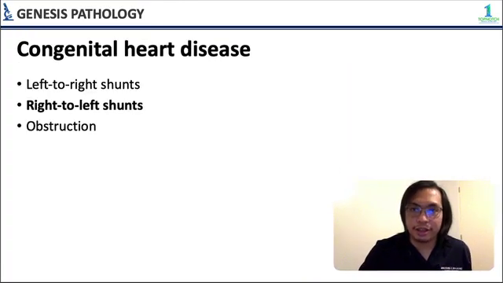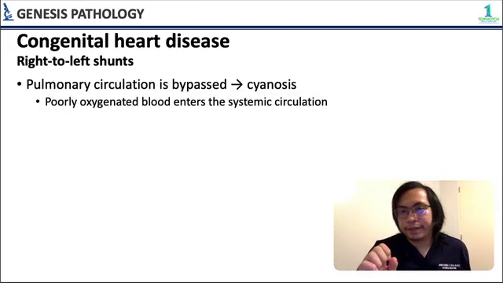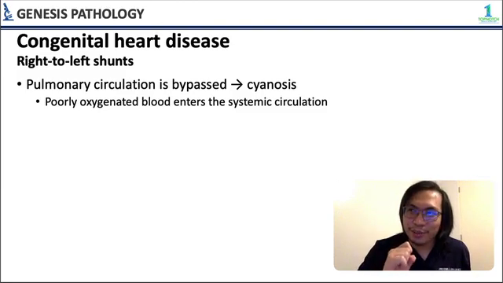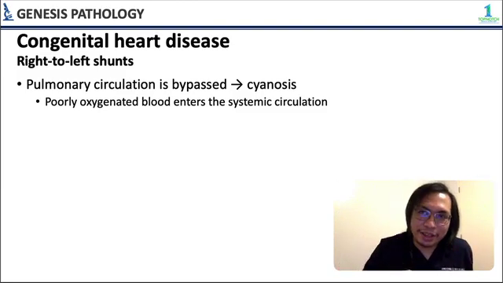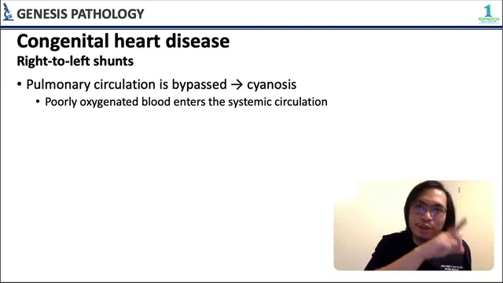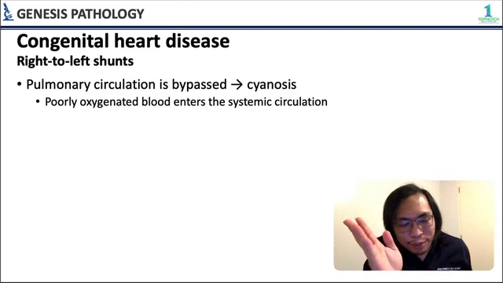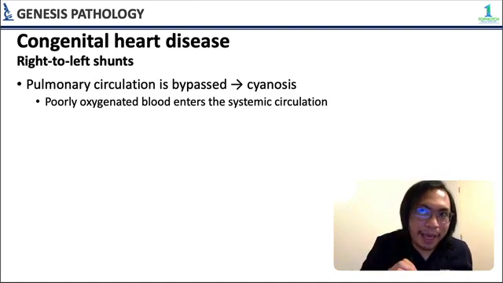Okay? Now, let's move to right to left shunts. In right to left shunts, your blood doesn't go to the pulmonary circulation, right? It comes from the systemic circulation, already deoxygenated, goes to the right atrium, the right ventricle, and instead of going to the pulmonary circulation, it will be bypassed.